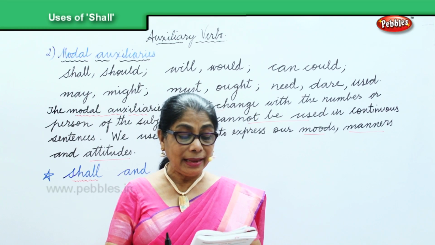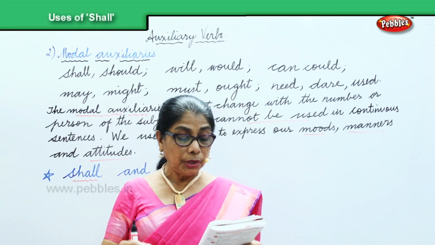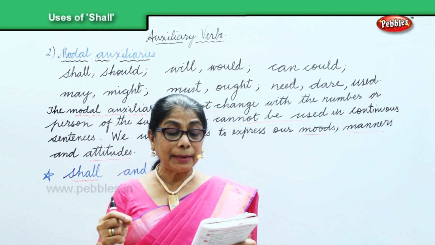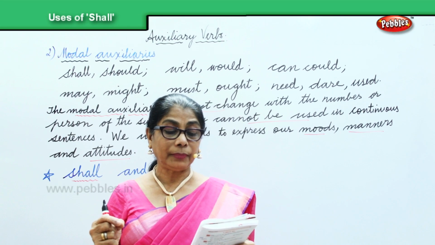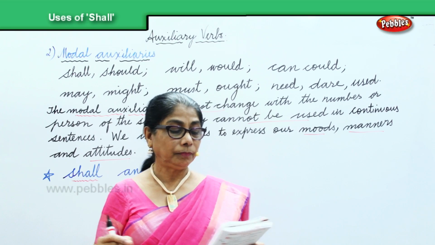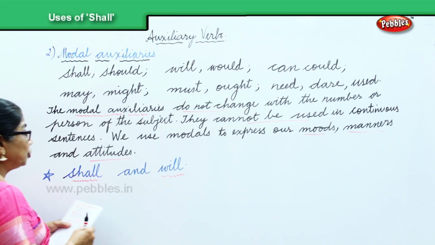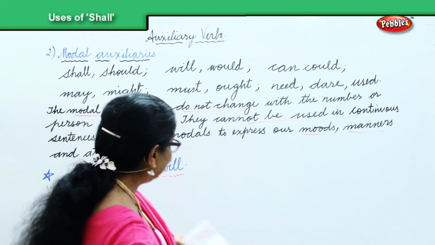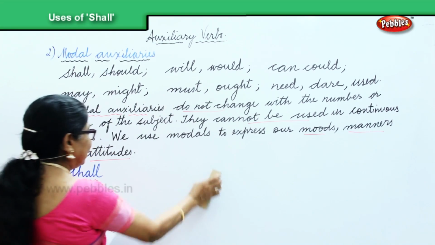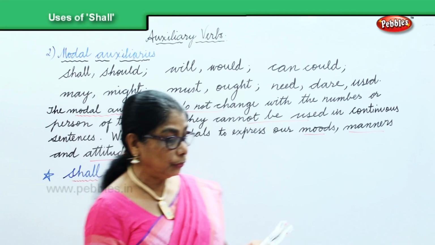Now, shall is used to denote simple future time in the first person. So we are first looking at the use of shall. Okay, let's look at only shall. Now, where is this shall used?